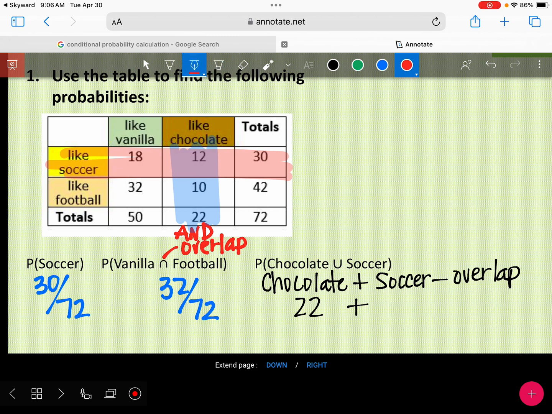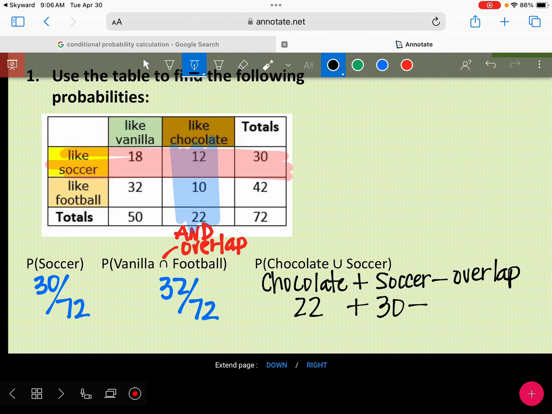So I'm going to add that 30. But you have to subtract that number that I highlighted twice. So what number did I highlight pink and blue? 12. Because if you don't, you're counting those same 12 people twice.